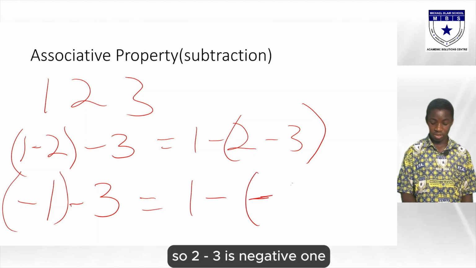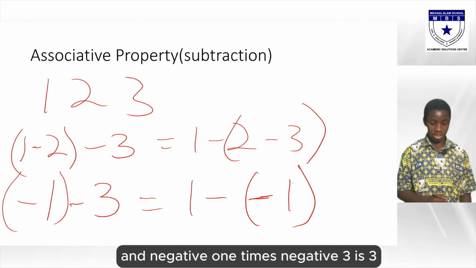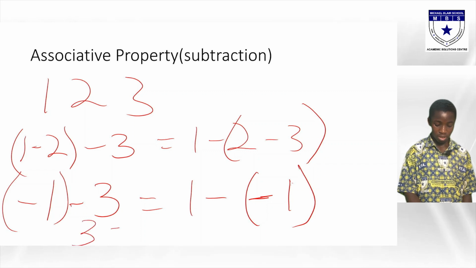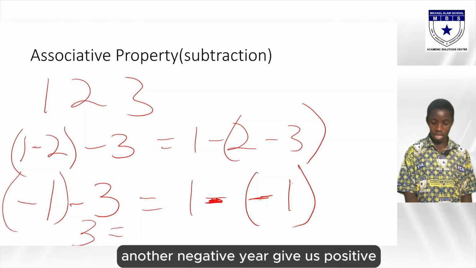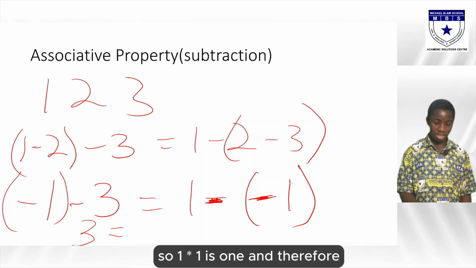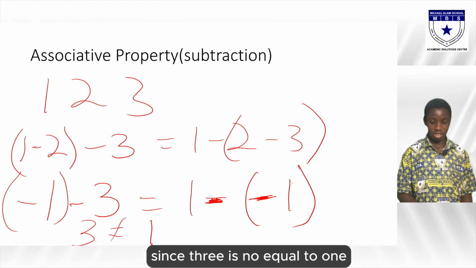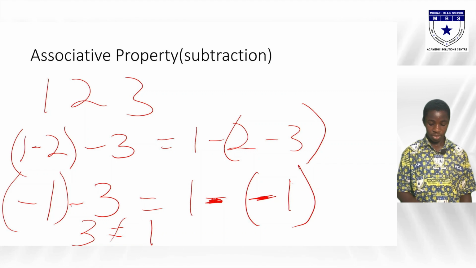So 2 minus 3 is -1, and -1 times -3 is 3. Then 1 negative here, another negative here, will give us positive. So 1 times 1 is 1. And therefore, since 3 is not equal to 1, subtraction is not associative.